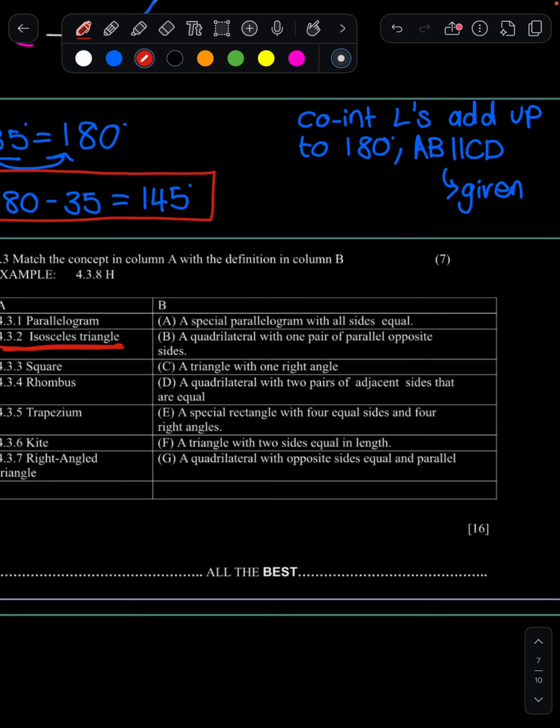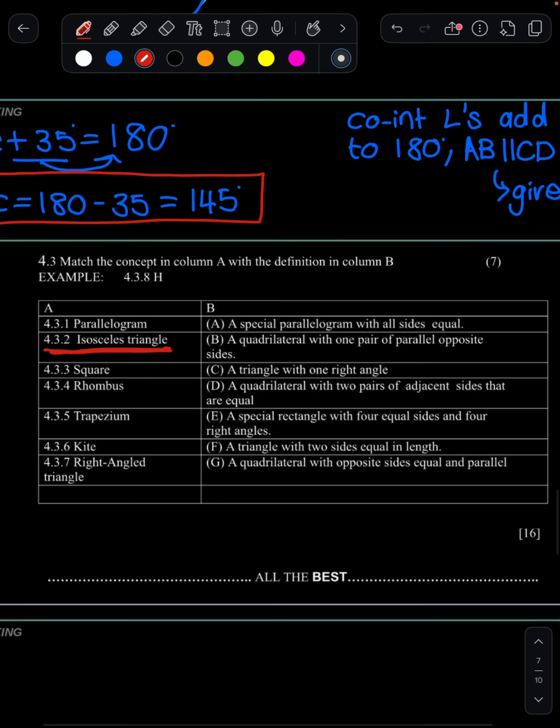So an isosceles triangle is a triangle with two sides equal in length.